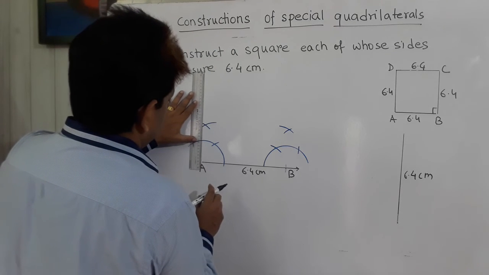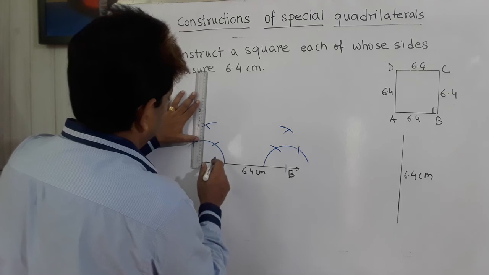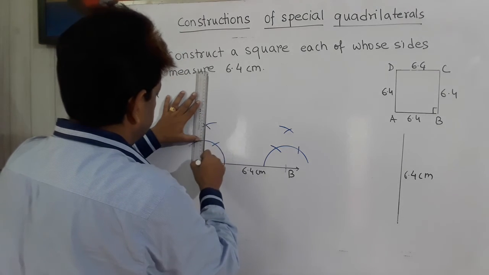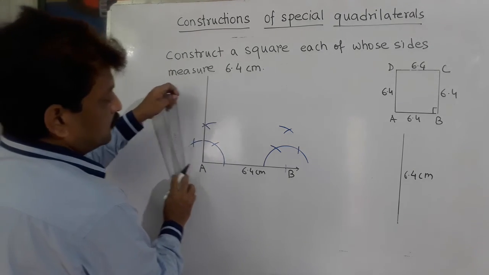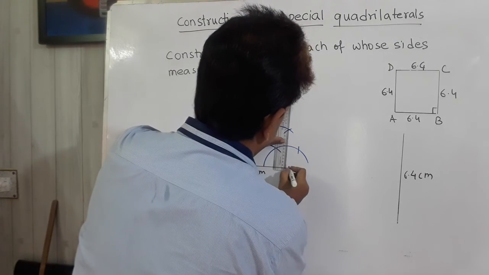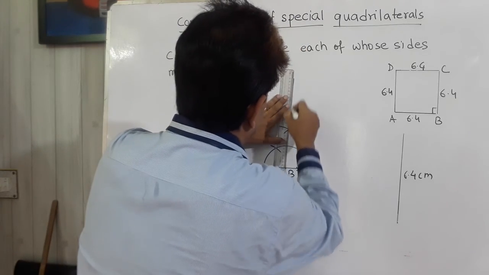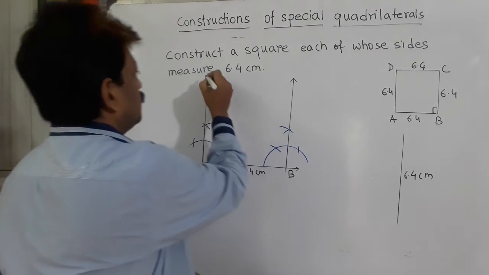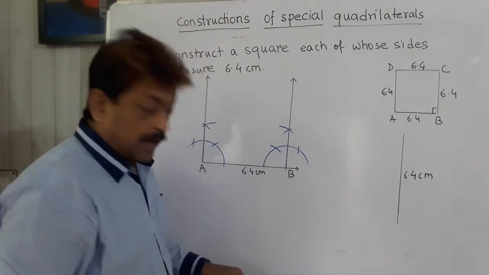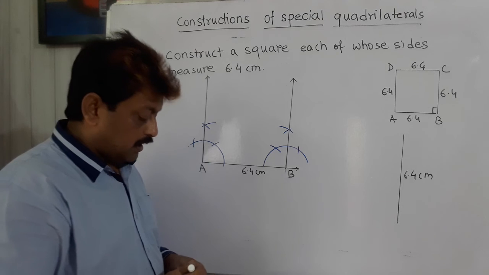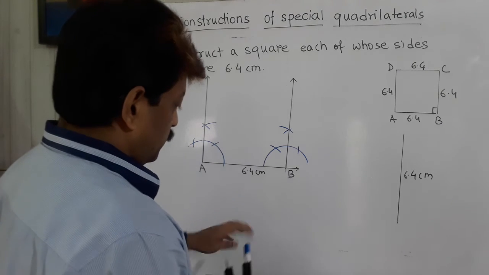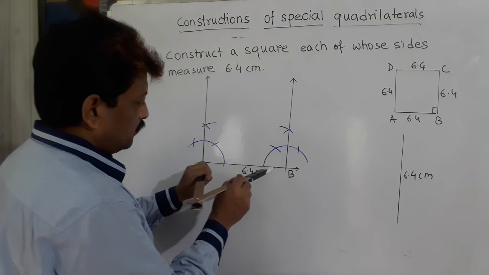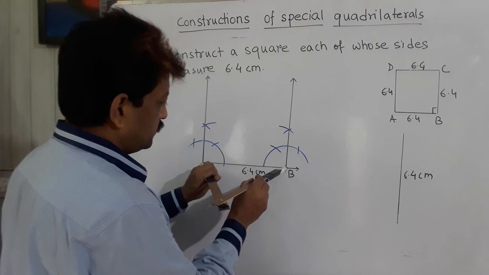Now let me join these points. As all the four sides of a square are equal, I have to take the length of 6.4 centimeter and cut these two 90 degrees.